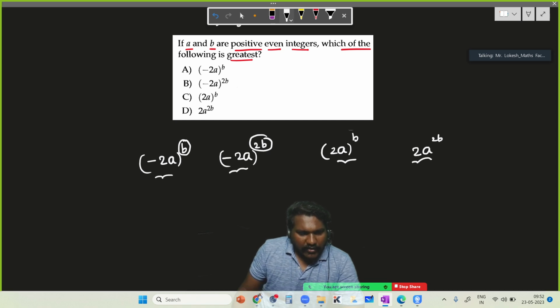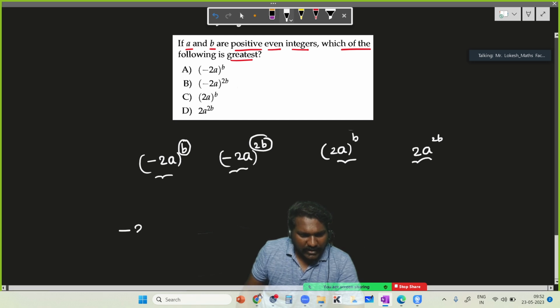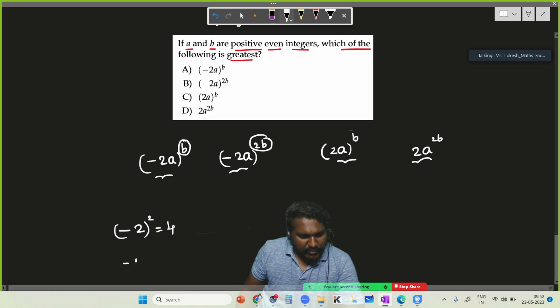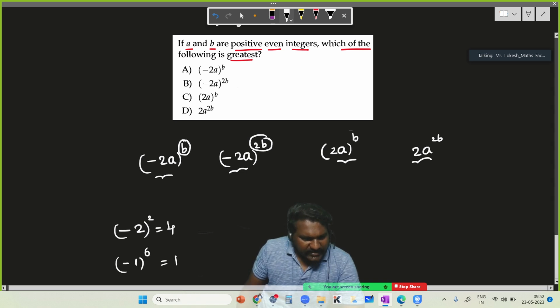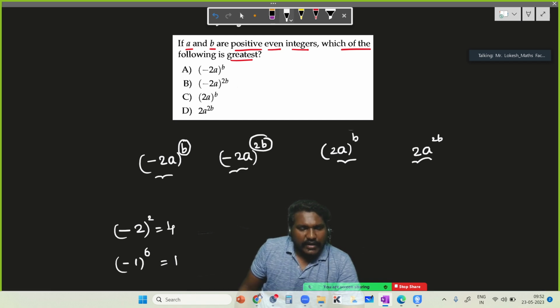When we raise a negative number to an even power, for example minus 2 whole square, it will be plus 4, and minus 1 whole power 6 will be plus 1. So a negative number with an even power will always return a positive number. I hope you are clear with this.